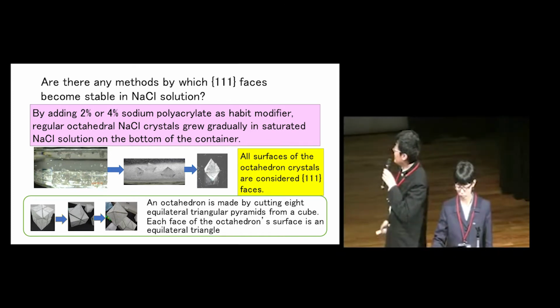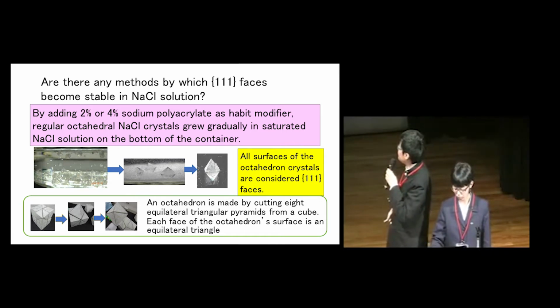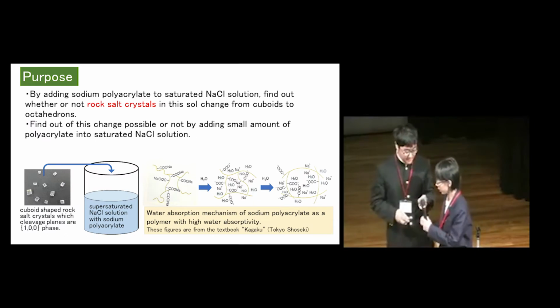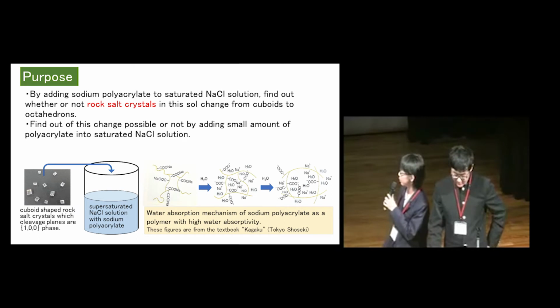And we found that by adding 2% or 4% sodium polyacrylate as a habit modifier, regular octahedral NaCl crystals grew gradually in saturated NaCl solution. And all surfaces of the octahedral crystal are considered 111 phases. These are the purposes of our experiments.